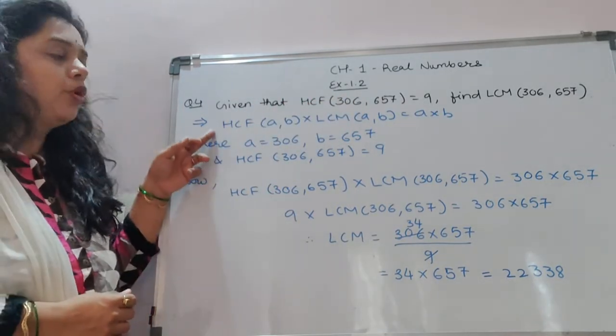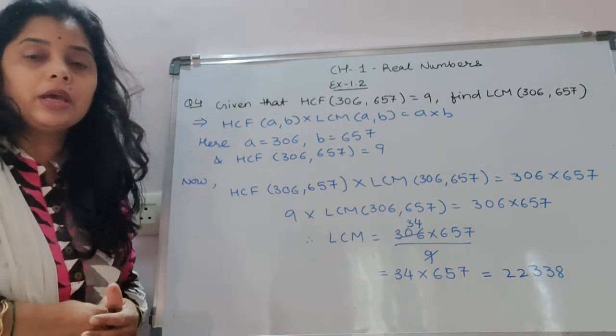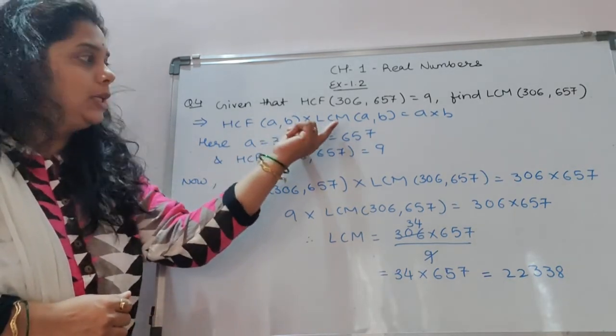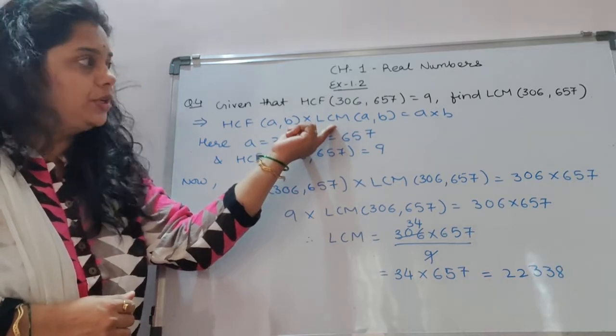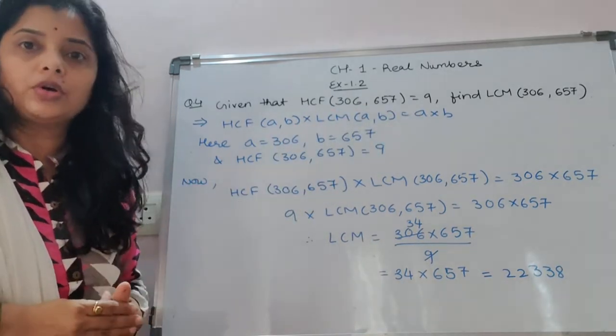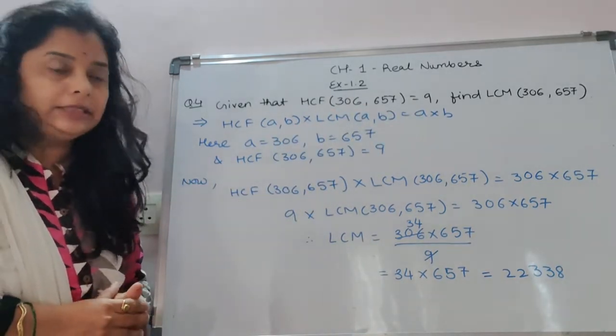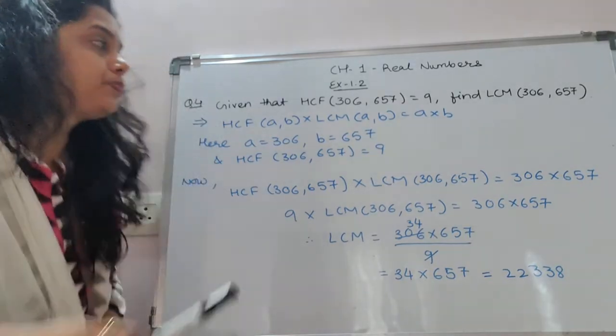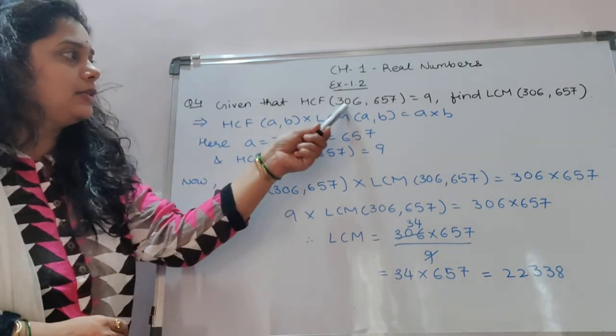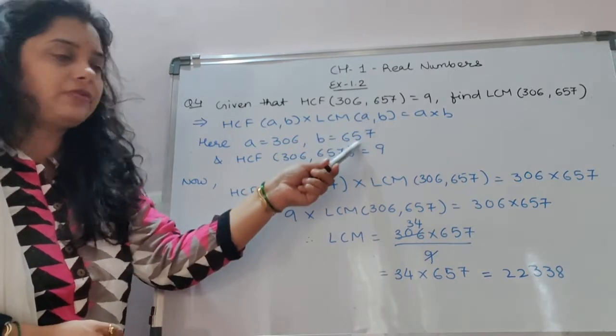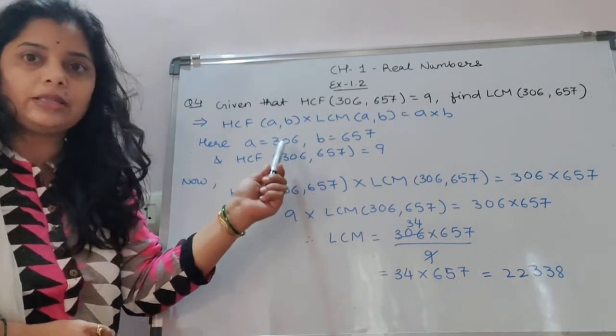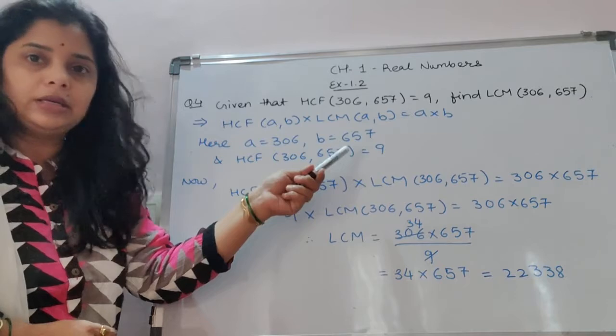As we know the important result, the product of the HCF and LCM of any two integers is equal to the product of those two integers. Here we can take A as 306 and B as 657. You can take it vice versa also, it doesn't matter.